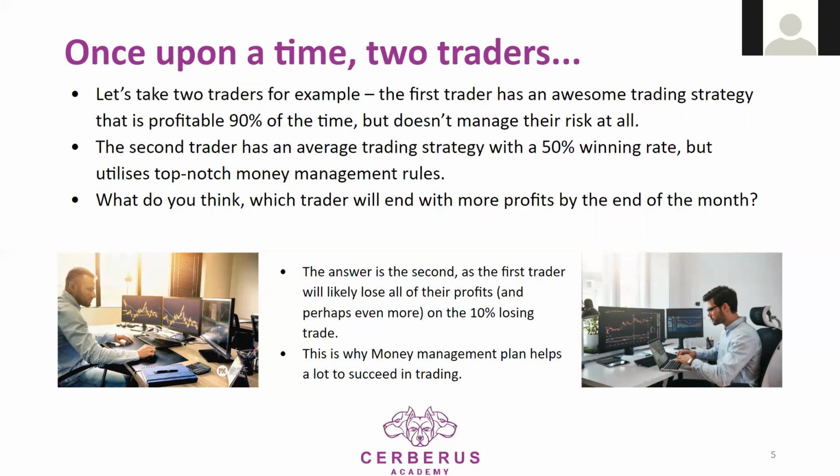Because the first one, the smart one with 90%, will likely lose all the profits on the 10% losing trades. This is the difference between having good money management with a pretty good strategy, and having an excellent strategy but without money management.